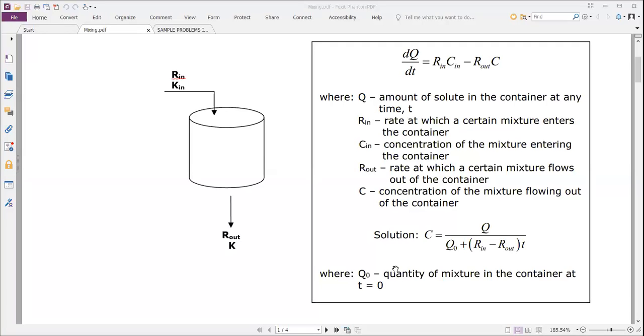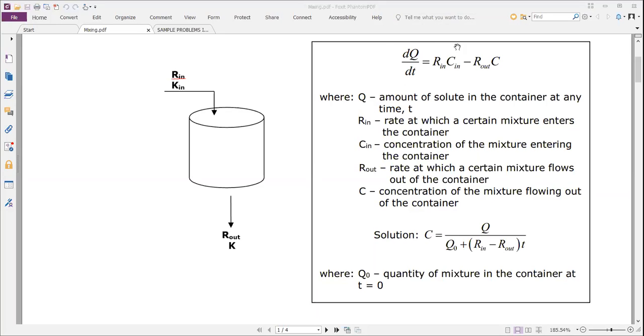So if you have a copy of this and you have it printed, you can place a specific annotation here that this is the solution concentration at any particular time of the fluid inside the tank. It's not the solution of this problem, because this problem does not have a ready-made solution, unlike the first two sample problems that we have discussed already.